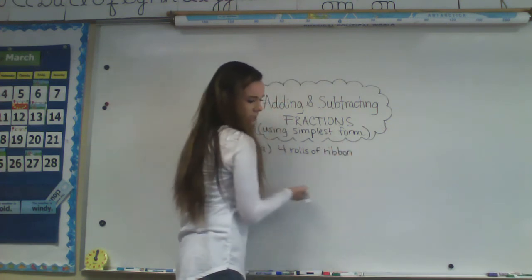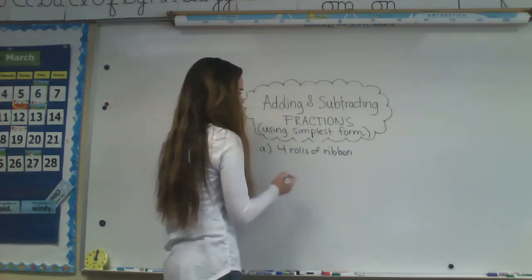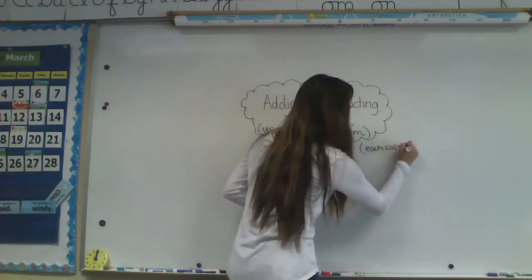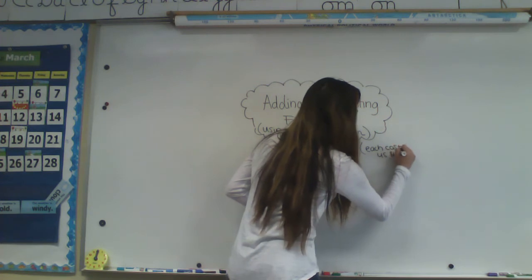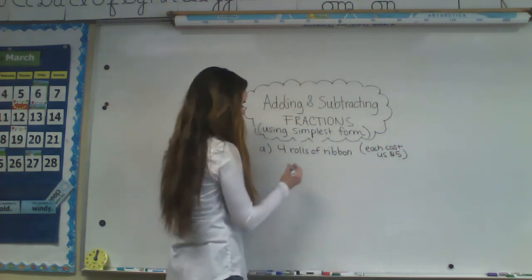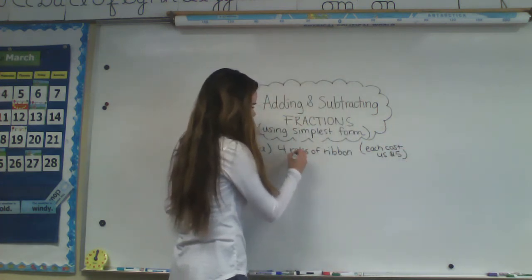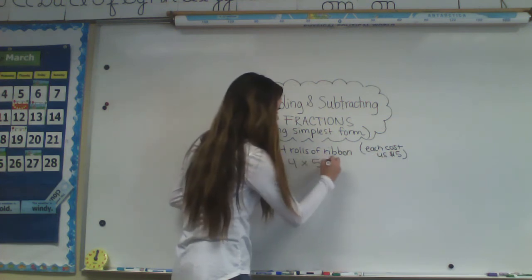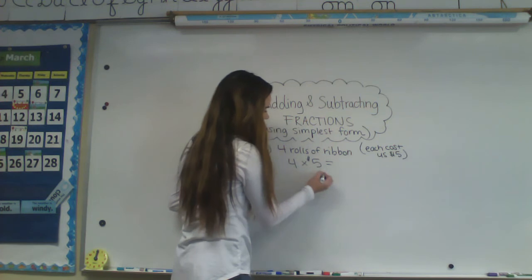And it says each roll of ribbon costs us $5. So what we're going to do is we're going to multiply the 4 rolls of ribbon times the $5 each.